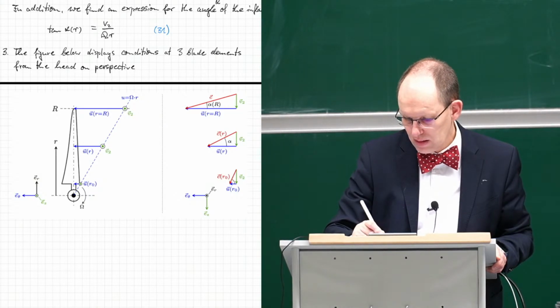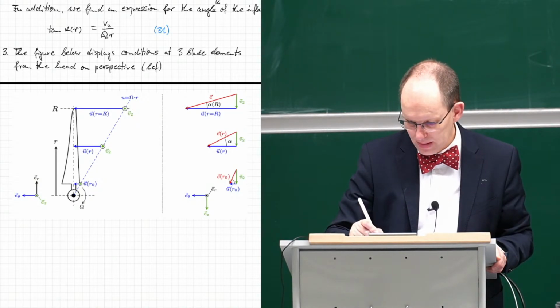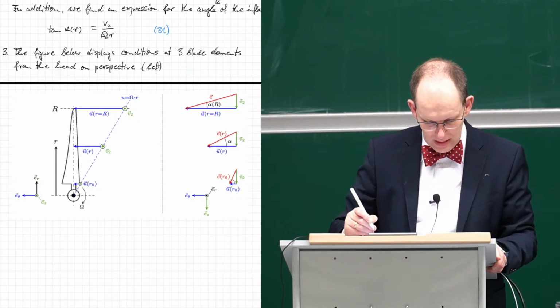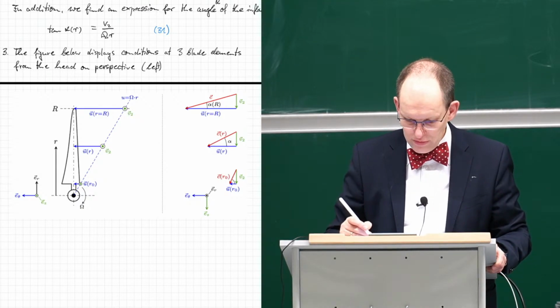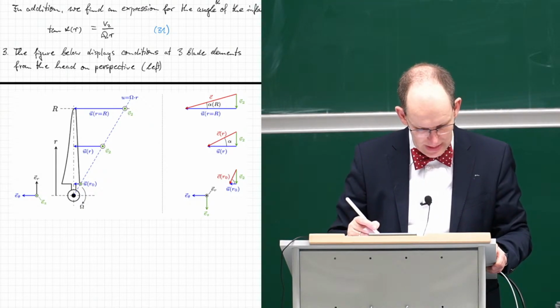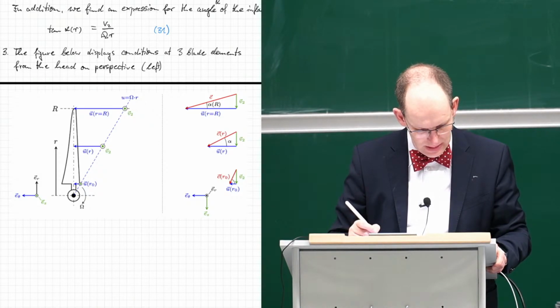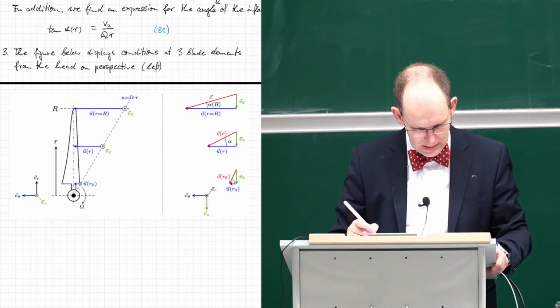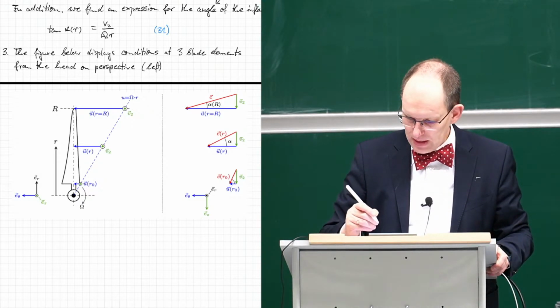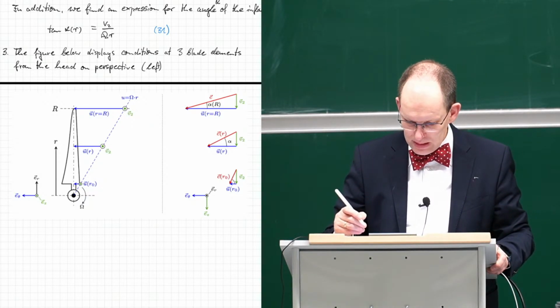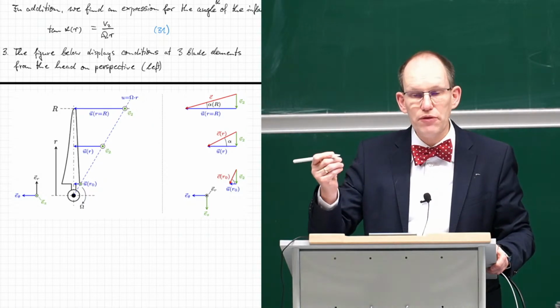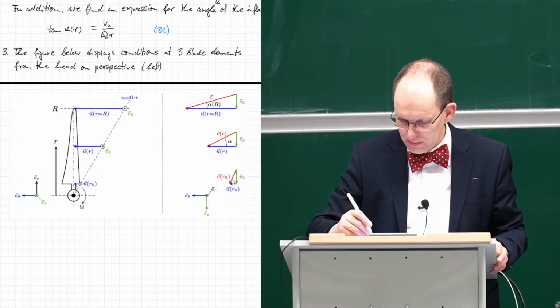So this is on the left, the front view. And the other is when we look at the rotor, say, from above, or from the left, or from the right.